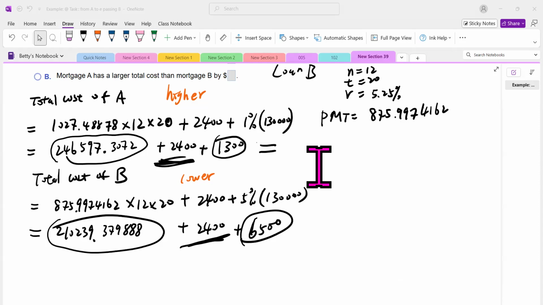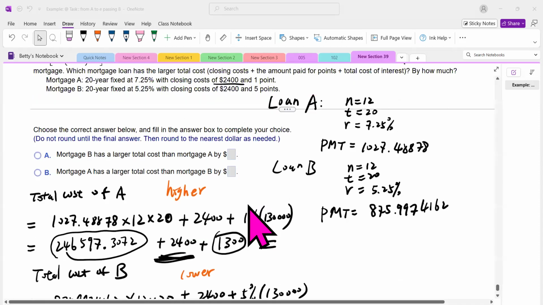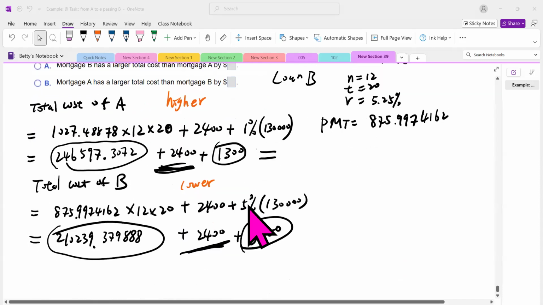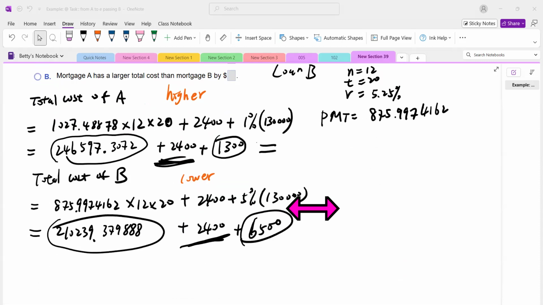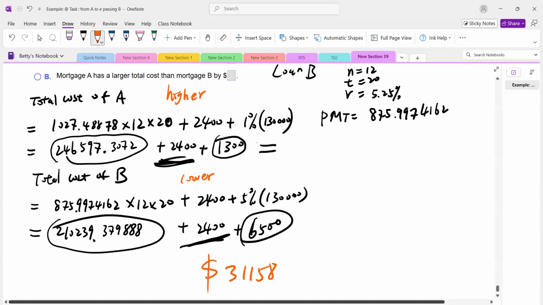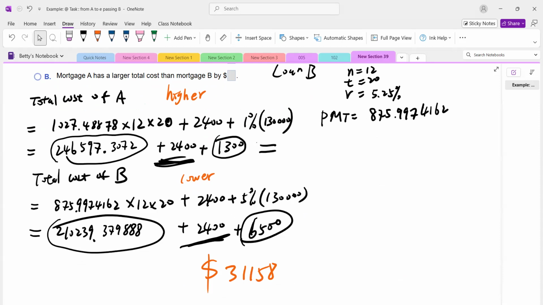The difference, how do we round it? Nearest dollar, okay. The difference is $31,158.